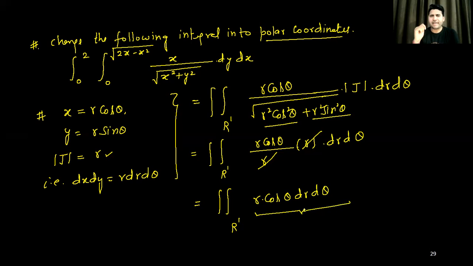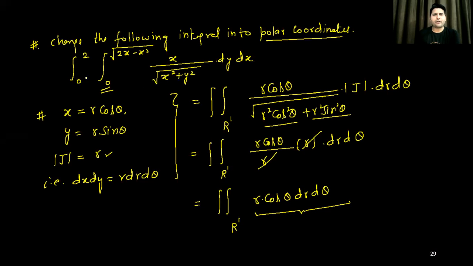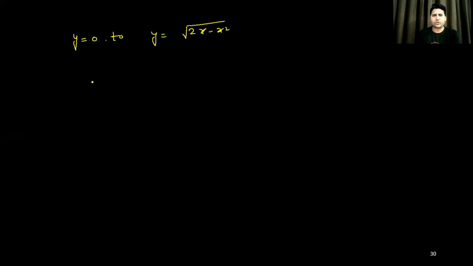But one thing is left here: we need to find the new region of integration for finding the limits of this integral. For that, we need to use the given region, that is the given limits. You can see the limit of y is given: y equals 0 to y equals root over 2x minus x square, and the limit of x is 0 to 2.